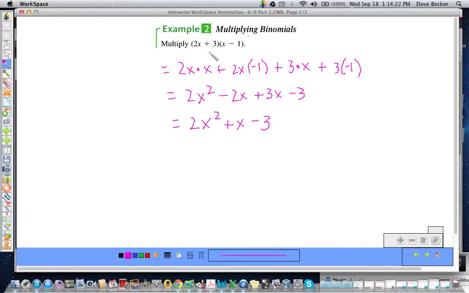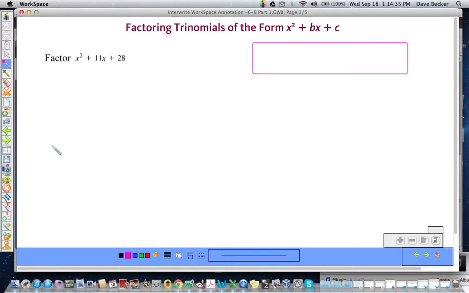Since there's 2 terms, it's a binomial. And this product turned out to be a trinomial. So working backwards, I can get back to the product of 2 binomials. That's called factoring. Okay, so here's the drill. I know I'm going to get the product of 2 binomials.